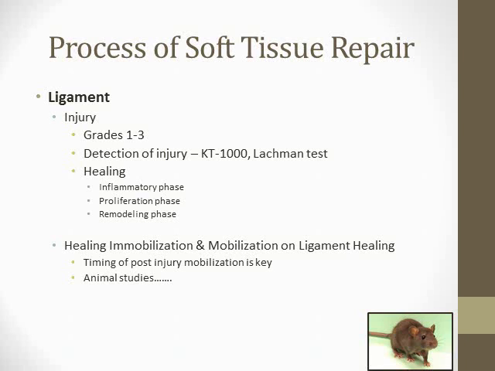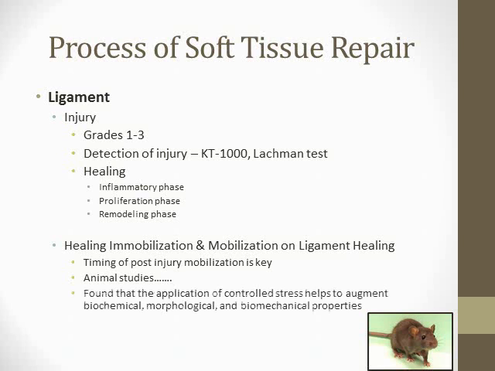Much of the research that's been done on immobilization and then mobilization has been done in animal studies in rats and rabbits. One of the ligaments most frequently examined in research studies is the medial collateral ligament, whether it be in a rat or rabbit.